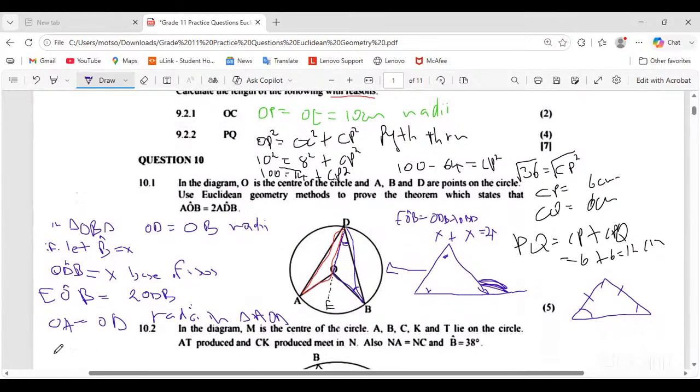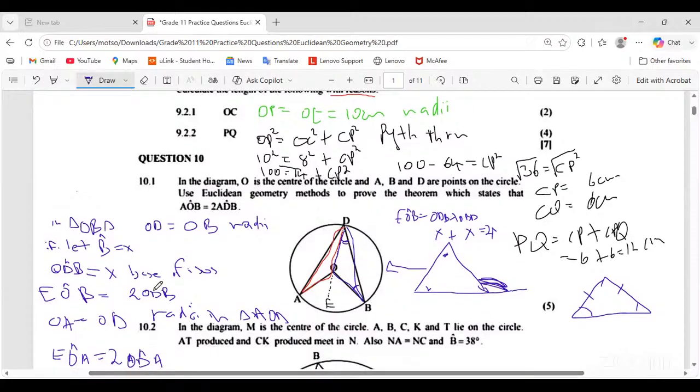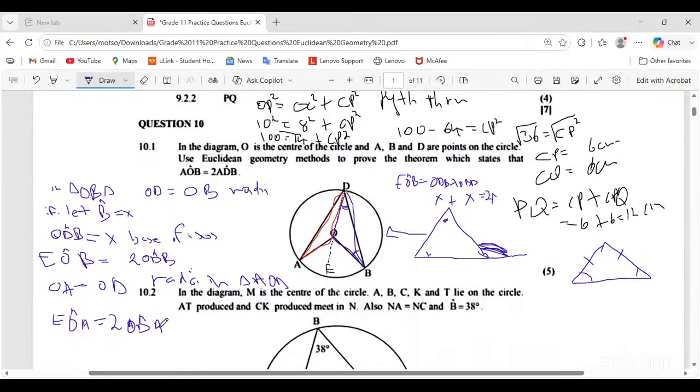And then you will have angle EOA at O is equal to 2 times, not A, it's ODA. It's ODA, there at D. Okay, now let's proceed.